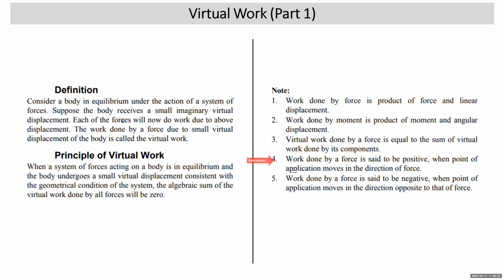Work done by a force will be positive if the point of application moves in the direction of the force. That means displacement and force are in the same direction. Work done by a force will be negative if they are in opposite directions. I mean, if the force is acting downward and displacement is upward, then work done will be negative. So these are some of the basic points related to the application of the principle of virtual work.